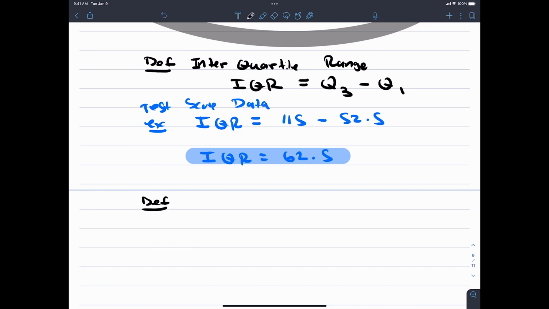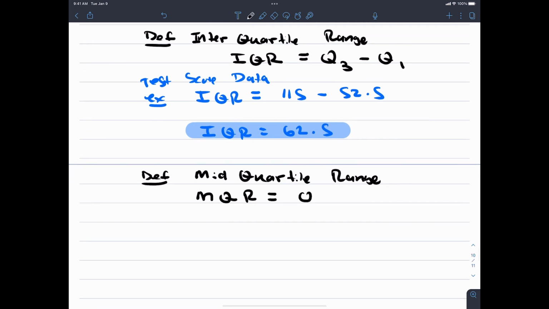Another definition. The mid quartile range. Okay? And that's abbreviated MQR. And that's really the midpoint of the quartiles. You know, midpoint for quartiles.